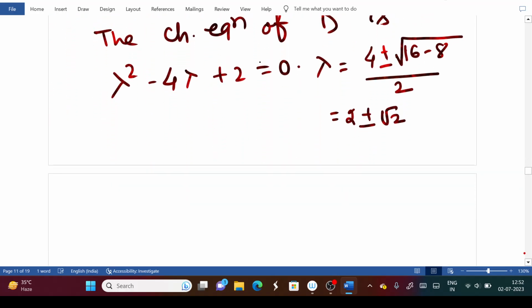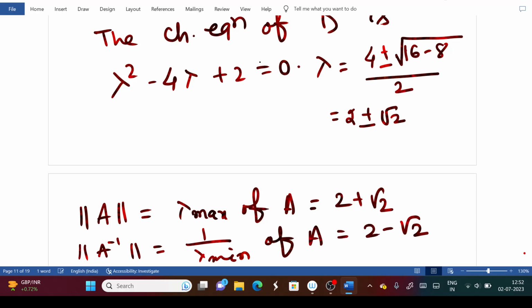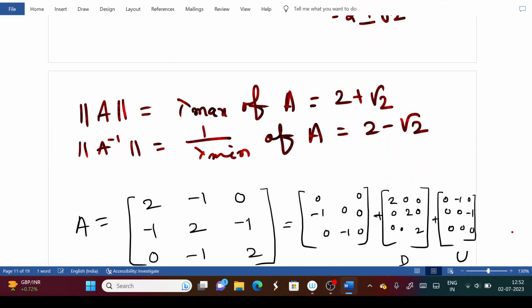The norm of A is equal to lambda max of A, that is 2 plus root 2, and the norm of A inverse is equal to 1 upon lambda min of A, that is 1 upon 2 minus root 2. So the condition number C is equal to (2 plus root 2) by (2 minus root 2).